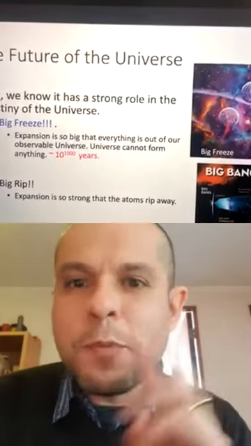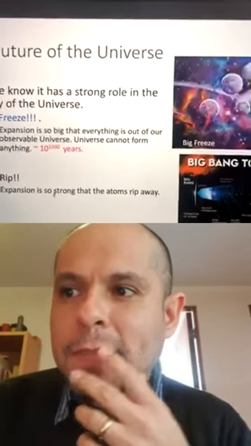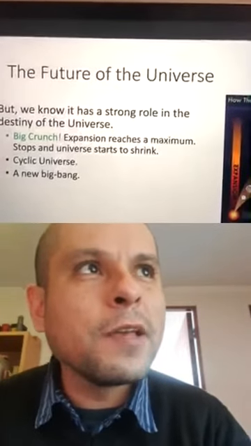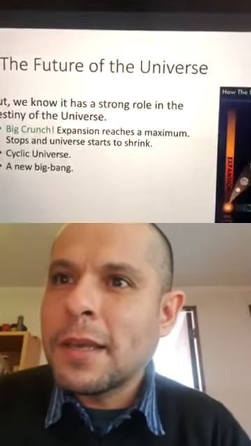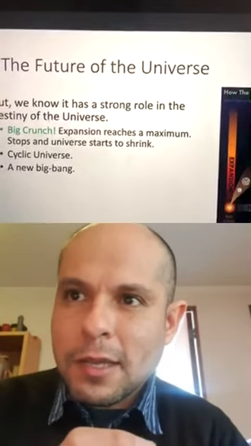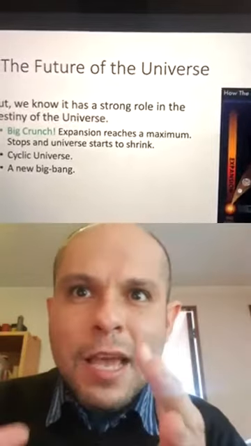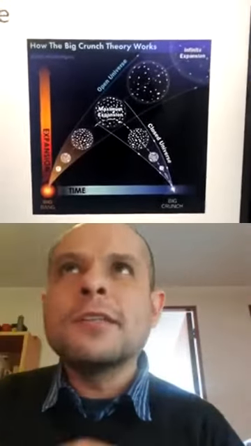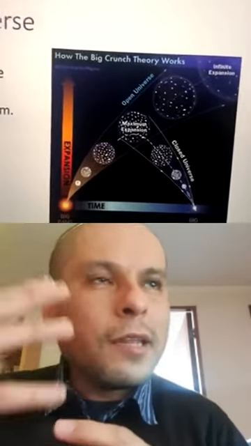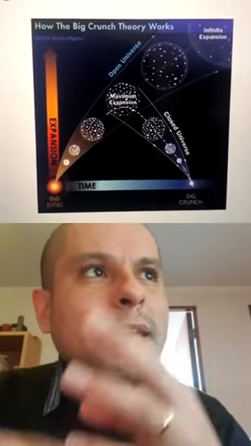And there's a third possibility called the Big Crunch. That is not about a sandwich from a fast food restaurant. The Big Crunch is, let's suppose that the universe expands, but somehow the dark energy in the future starts getting diluted, becoming less important.